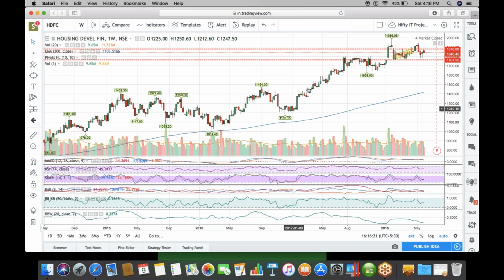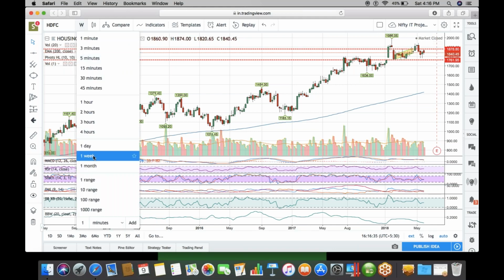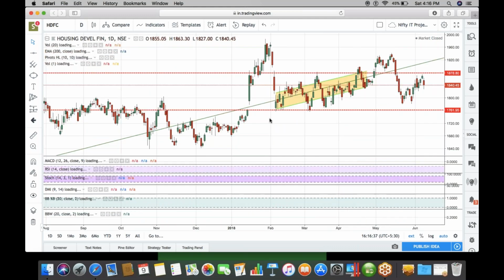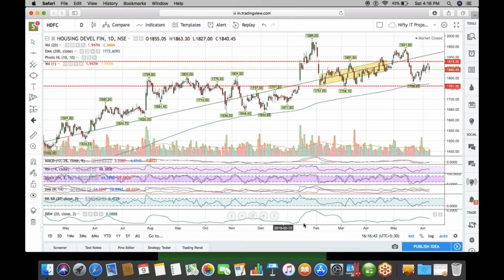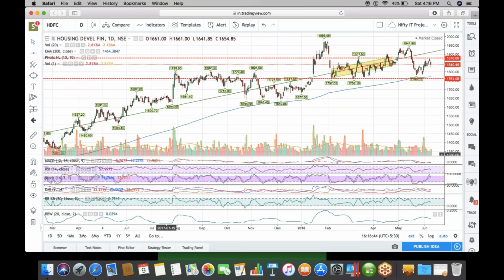So since 2016, again this stock is into an uptrend. So if you will see, this is an intermediate trend. So for the intermediate trend, we look at what? A few months. Say for example, you go to the daily chart and see this. This is an intermediate trend.